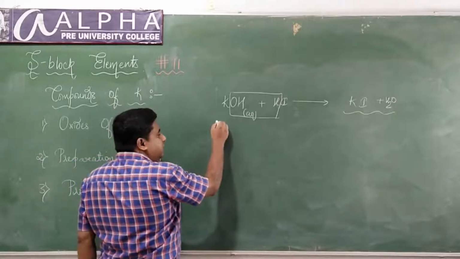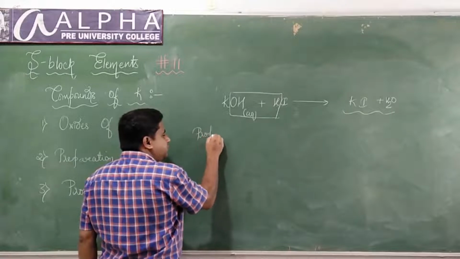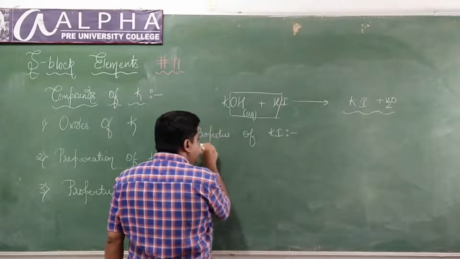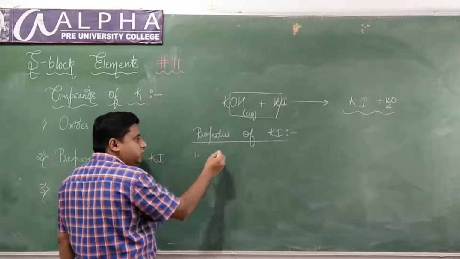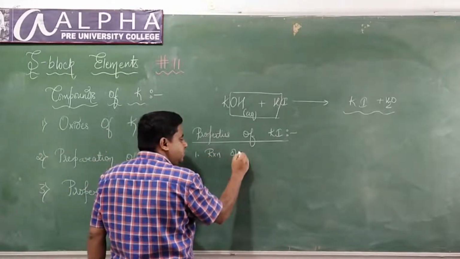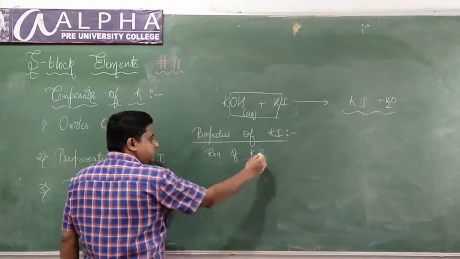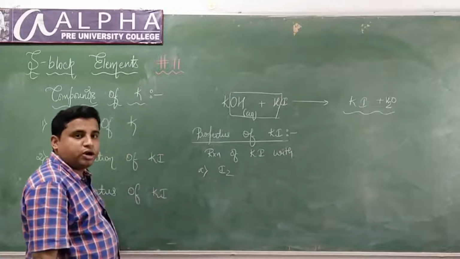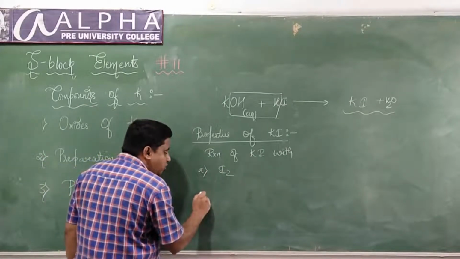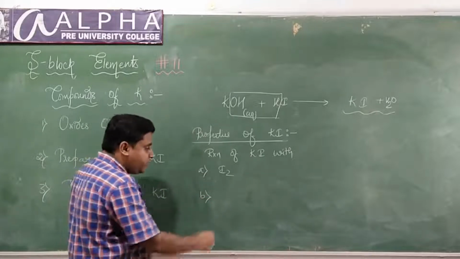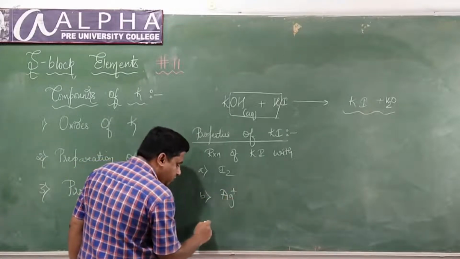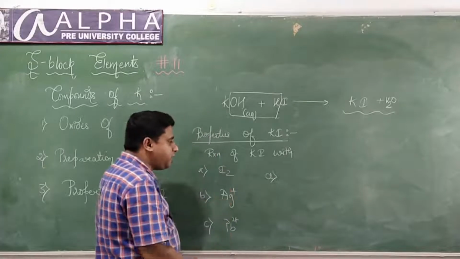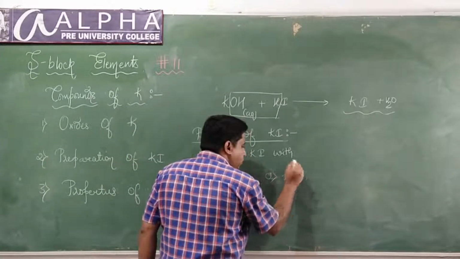Now, let us understand the properties of potassium iodide. We will talk about the reaction of potassium iodide with iodine, then with silver ion, then with lead ions, Pb2+, and then with mercuric ion, Hg2+.